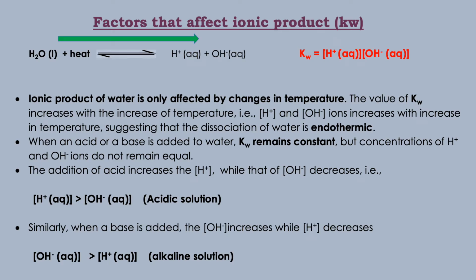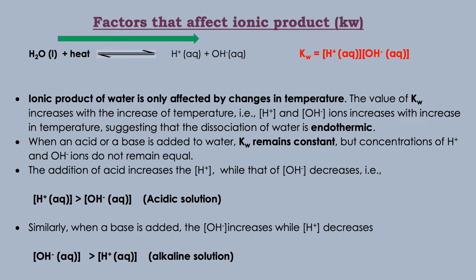Factors that affect the ionic product Kw. The ionic product of water is only affected by changes in temperature. The value of Kw increases with the increase in temperature. So let's look at this equation.